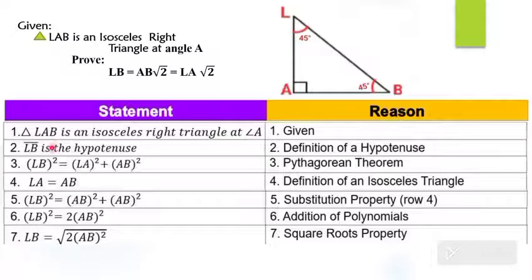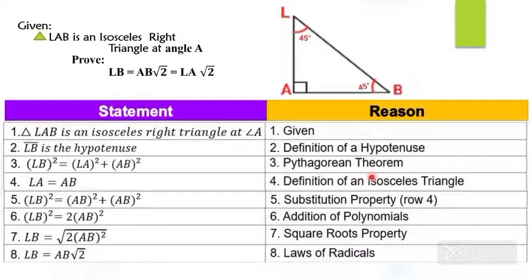To find LB, we should use the square root to cancel the square. If we get the square root on the right side, then we do the same on the left side. So we have LB is equal to the square root of 2 times AB squared.